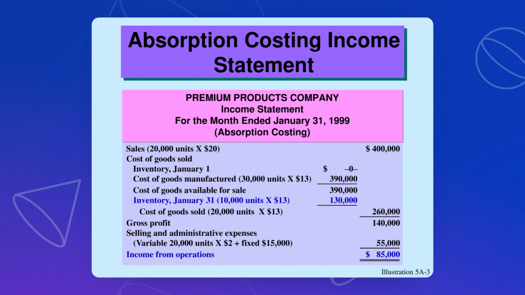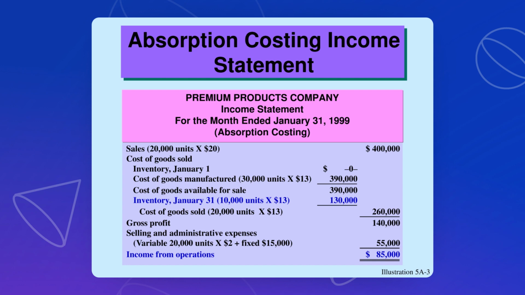How much would be your cost of goods sold? 260. Alright. And because of that class, you have also here your gross profit. So 400,000 minus 260,000. Your gross profit here is at 140,000. Alright. How about your selling and admin expense?